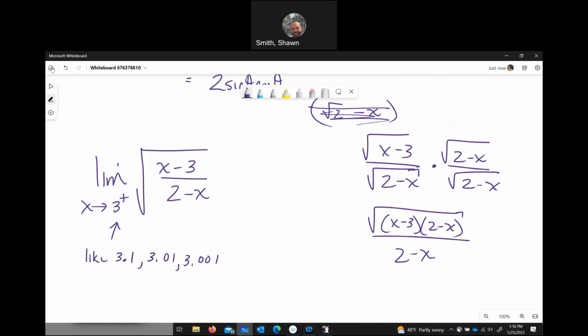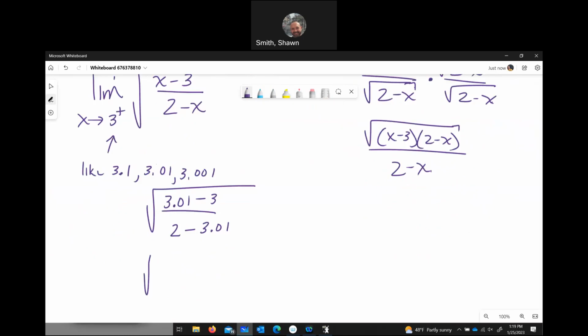All right, so another thing is to always keep this in mind. You're approaching 3 from the right. So think about this: 3.01, I don't know, just pick a nice number, minus 3 over 2 minus 3.01. That's 0.01 on the top, right? And 2 minus 3.01 is negative 1.01, right?